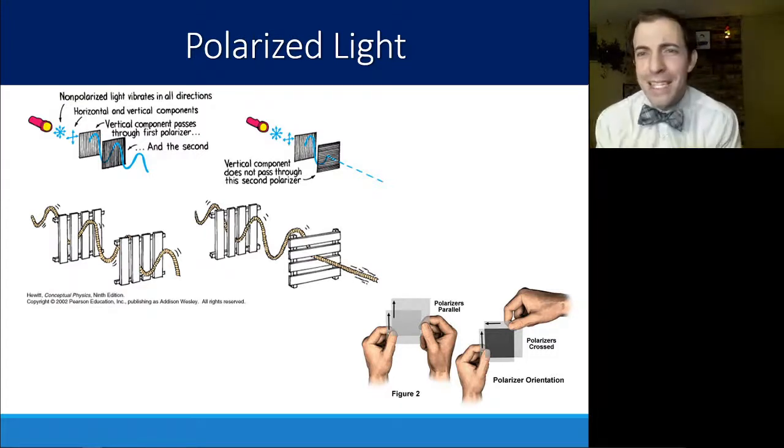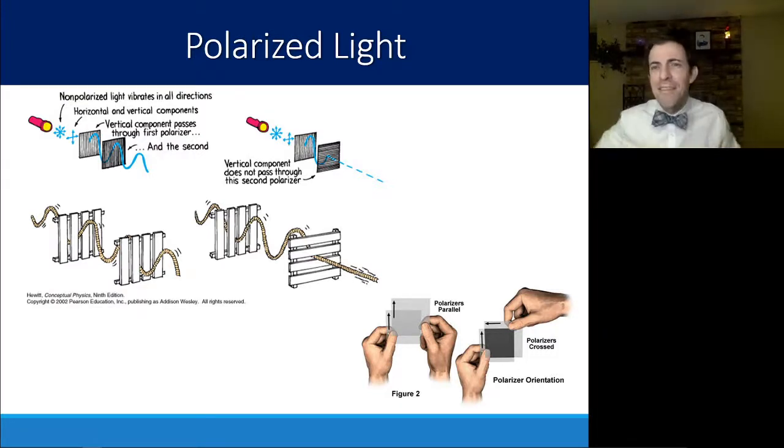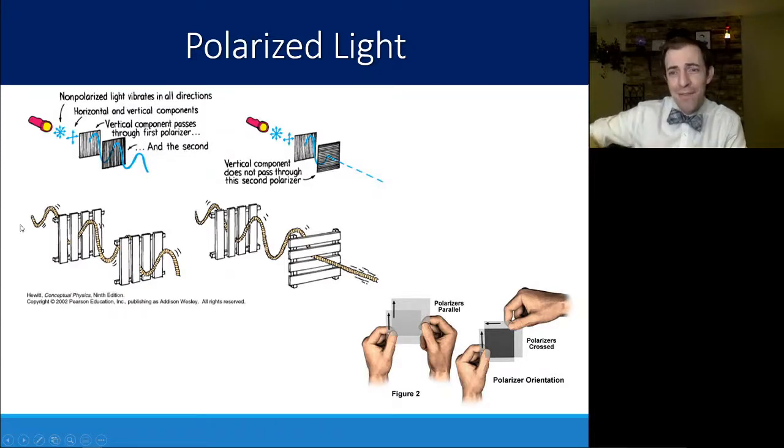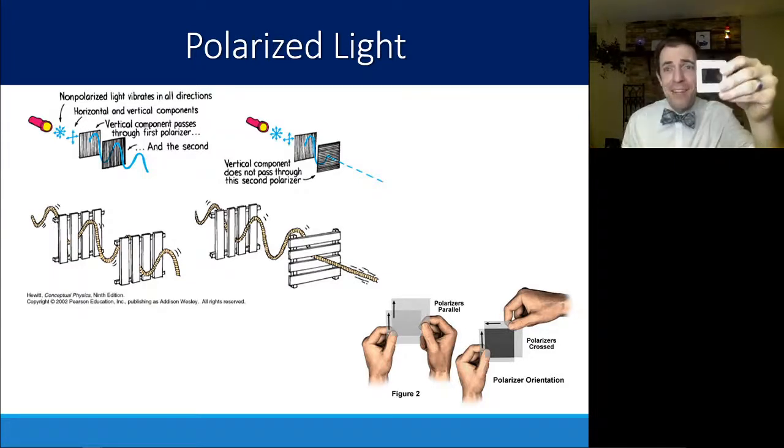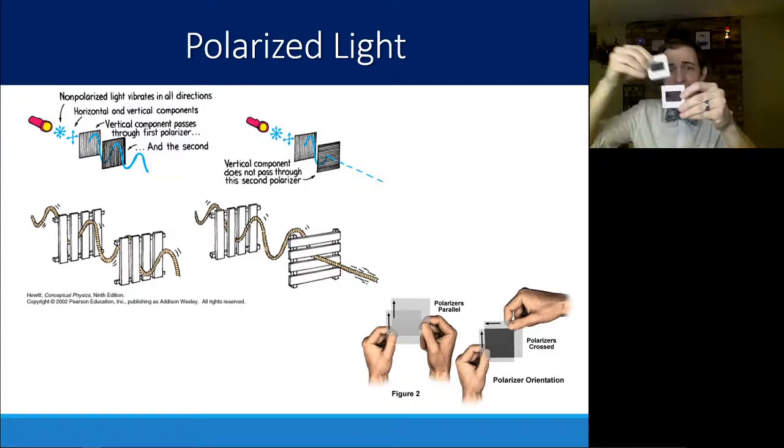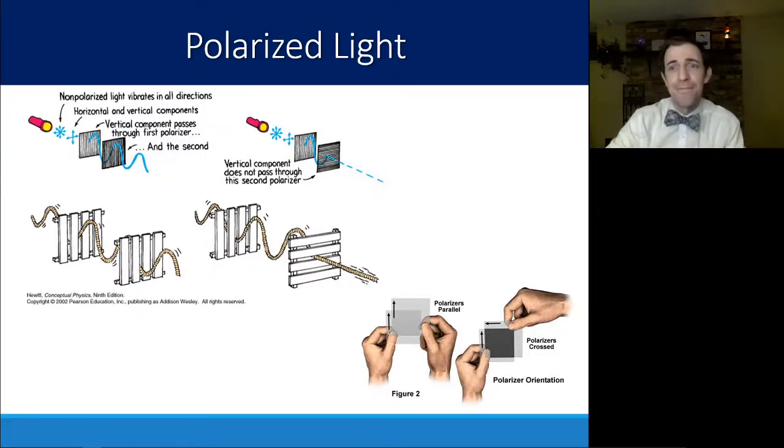So a great conceptual model to think about is a picket fence or a crate, as shown here. If I've got a wave going in a rope that is a vertically oscillating wave, it is going to easily pass through a vertically slotted picket fence or a crate. If I set up another polarized filter or another crate picket fence that's also vertical, it's not going to have any problem going through that as well.